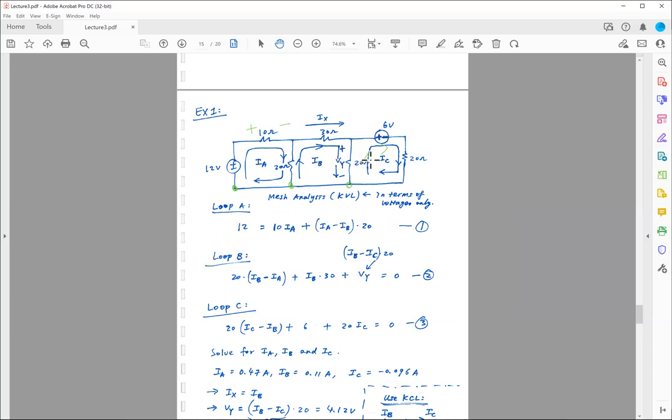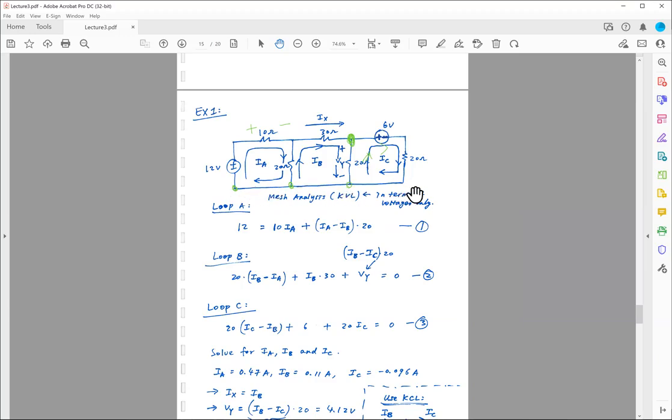Once you know IA, IB, and IC, you can find pretty much all the node voltages that you want. So for example, in this case, Vy is the voltage drop across this 20 ohm resistor, which is the voltage between this node and this node.